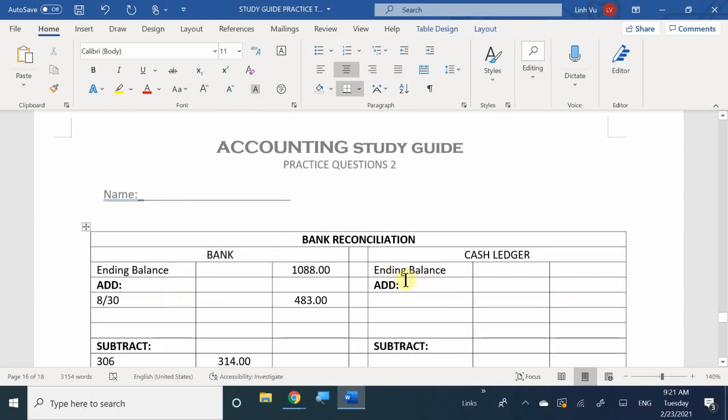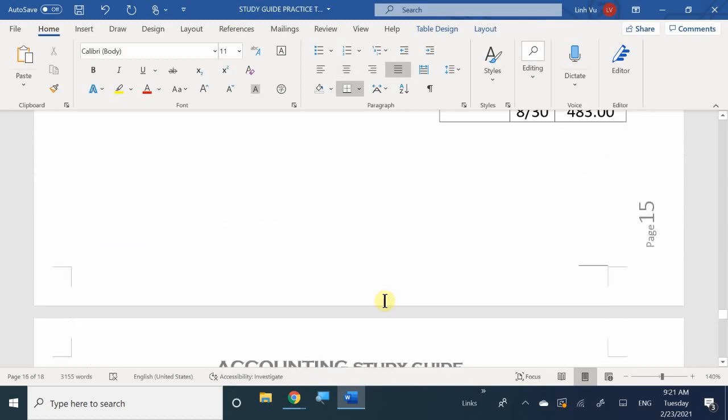So again, on the exam, it's going to be a little easier to find. 1153 is what I have in my cash register. So what do I need to add to my cash register? Interest.